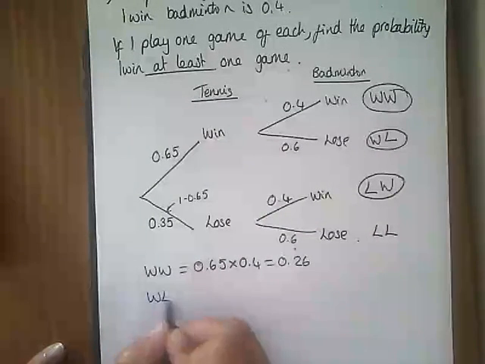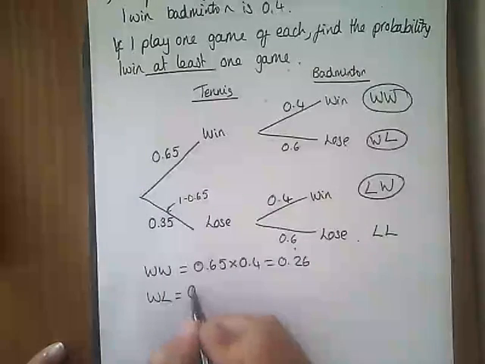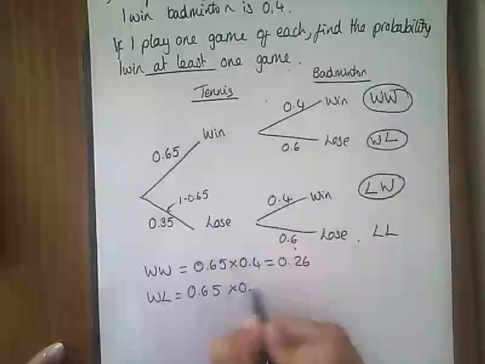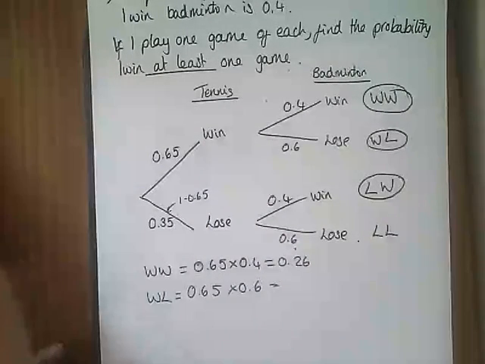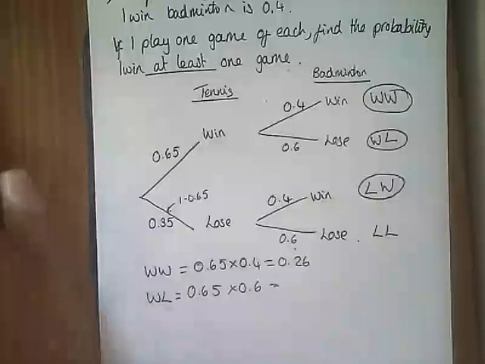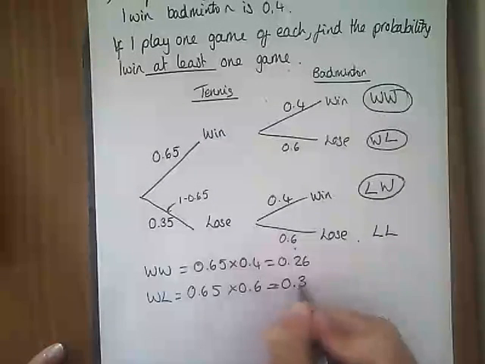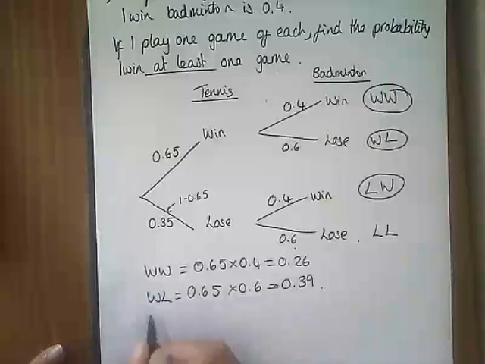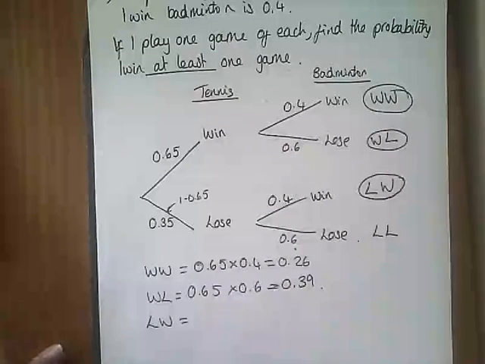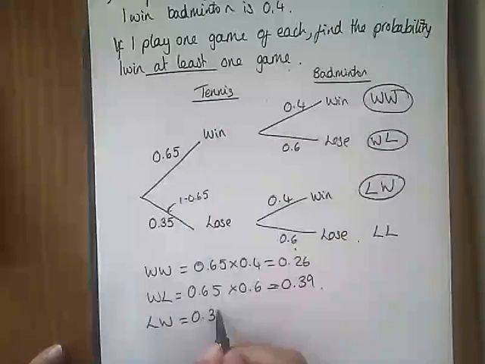A win and a lose is going to be 0.65 times 0.6. And when you times those together, you get 0.39. And finally, a lose and a win is 0.35 times 0.4.